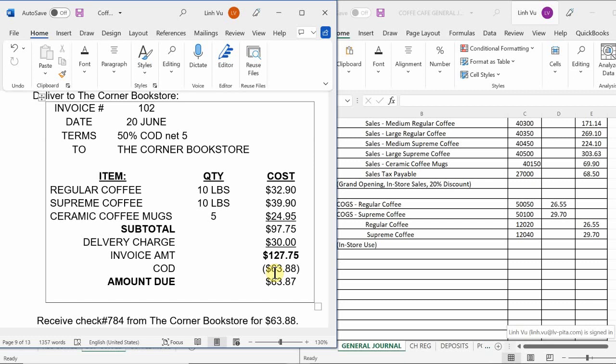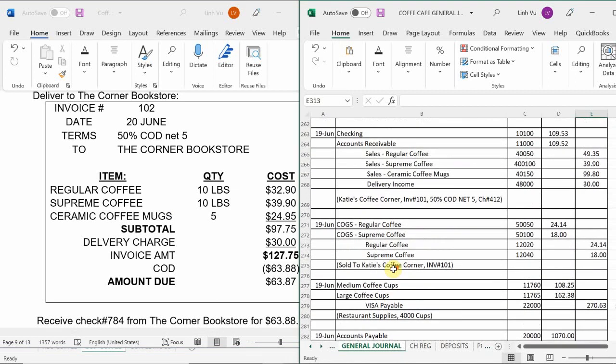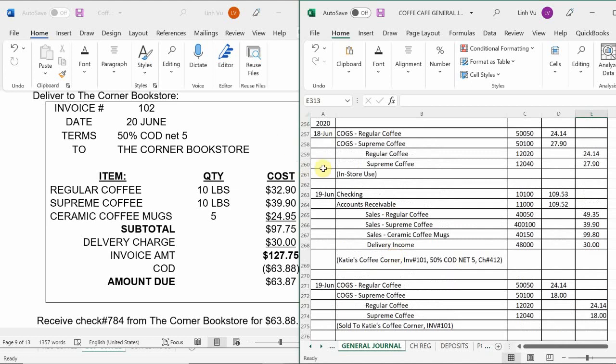So you would use checking and accounts receivable, sales for regular coffee, sales for Supreme coffee, and sales for ceramic coffee mugs. Good. So we do have a similar transaction up here, right?